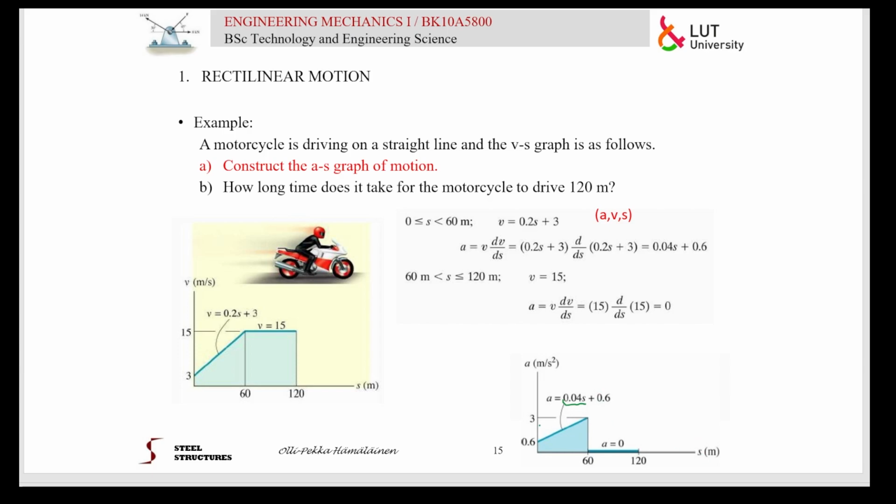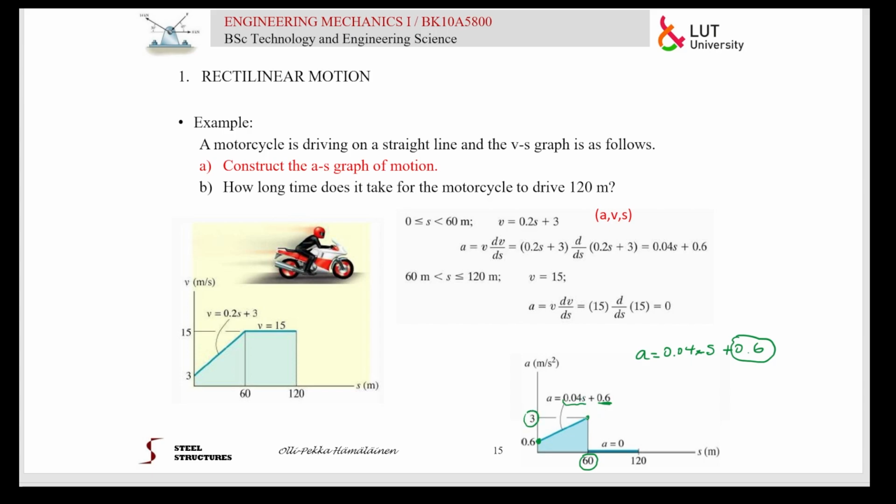And look at this. How to draw this then? Okay, you are giving me this line here that says the acceleration equals 0.04 times s plus 0.6. So let's remember that this is the intercept point of this equation with the vertical axis. Look at this. This is the 0.6. That's why it's appearing here. And then I know that if I input 60 here and multiply it by 0.04 plus this much is going to give you these 3 here.